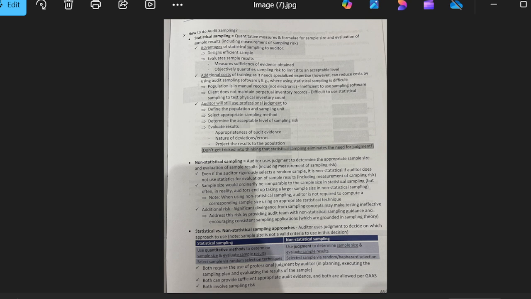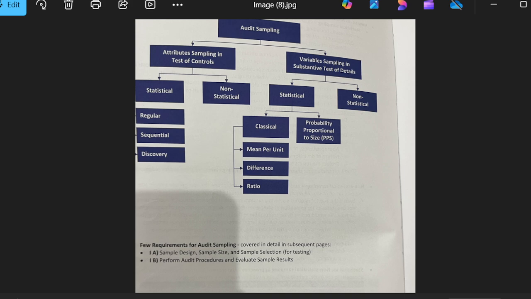Now, lastly, I will show you a summary of all that we have discussed. Audit sampling is divided into two main types: attribute and variable. Attribute testing is performed in the test of controls, whereas variable is performed in the substantive test of details.